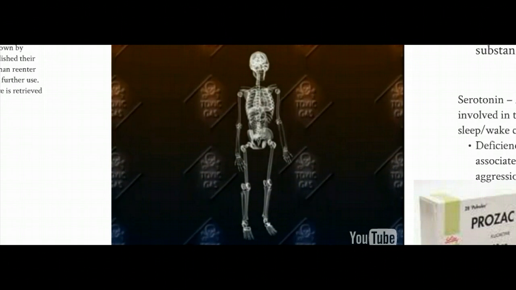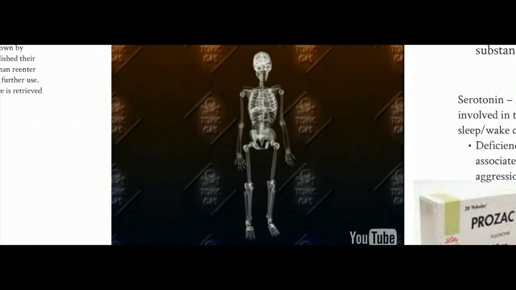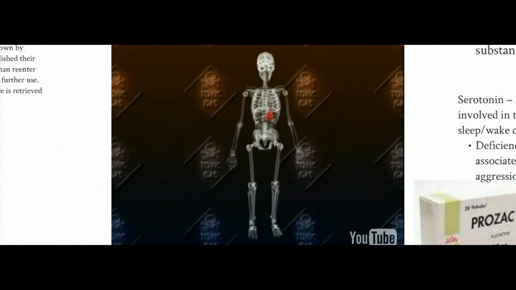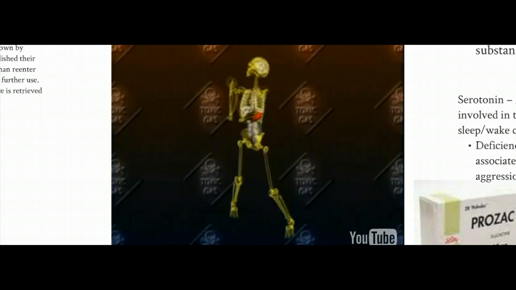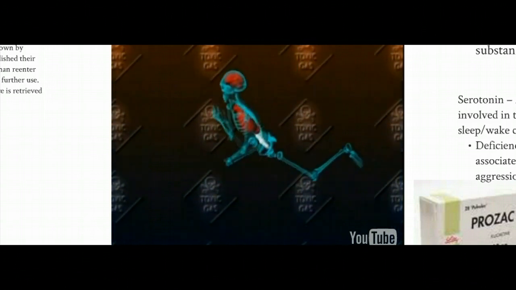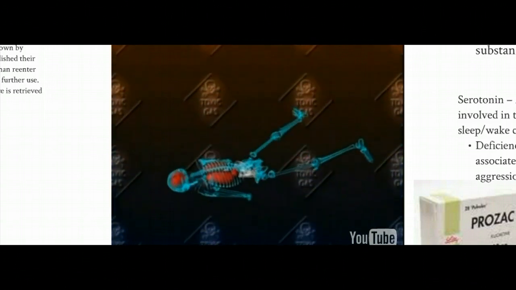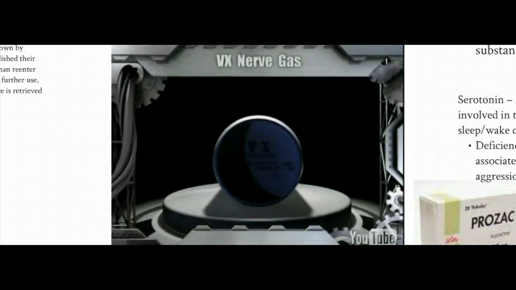It's one of the deadliest chemical agents ever created. Within seconds of exposure, symptoms of nausea and convulsions take over. Without emergency treatment, paralysis, respiratory failure, and death can occur within minutes. This deadly killer is the nerve agent VX. Weapon VX.